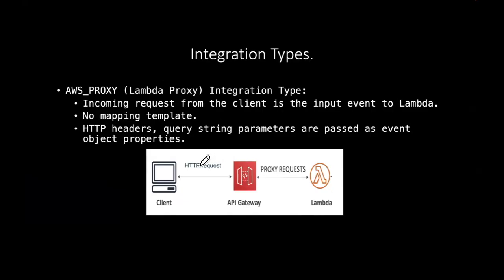And what I said was the HTTP request, all parts of it, and by all parts of it, I mean the HTTP headers, the payload, if there is a payload, the query string, if there is a query string, the path variables, if there are path variables, all of that information will be put into the event object that is passed to the Lambda function when it's triggered. And API Gateway takes care of that.